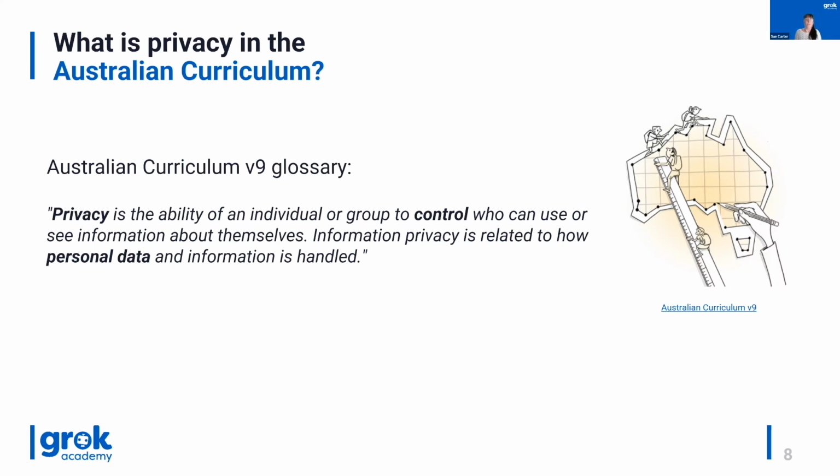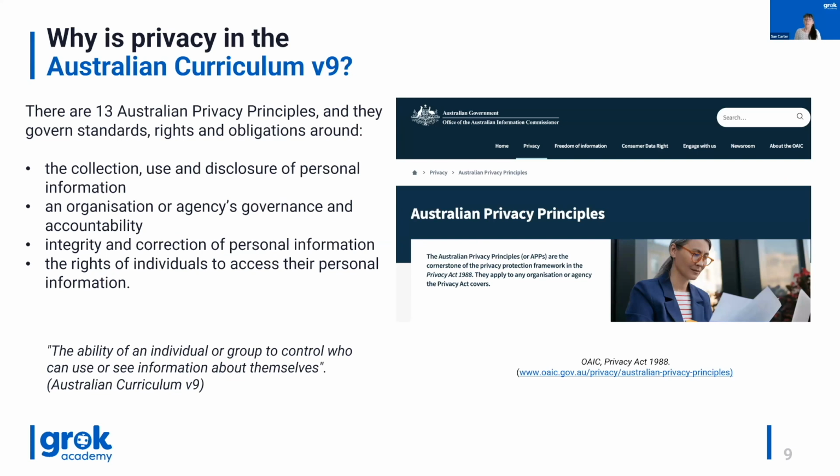Information privacy is related to how personal data and information is handled. As more and more data is created, used to verify who we are, and becomes available online, individuals, including students, need to be aware of how to keep personal information protected.